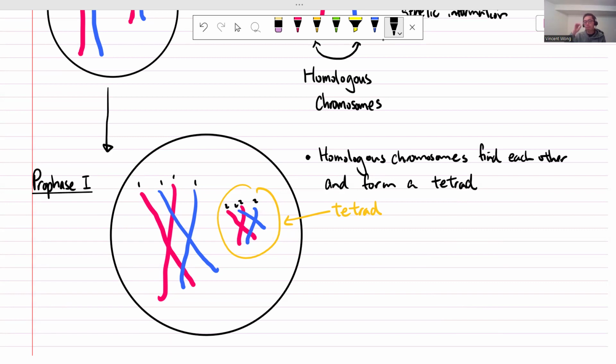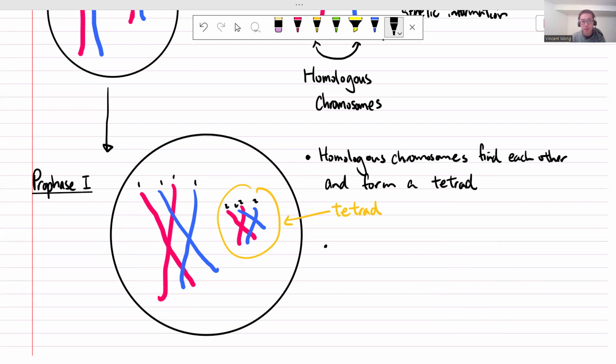Anyone else? 23. Yeah, 23, right? Because look, this is already chromosome 1 from mom and dad. They're together already, and then 2, 2, 2, 2, 3, 3, 3, 3, all the way up to the sex chromosome, right? So there will be 23 of these tetrads.